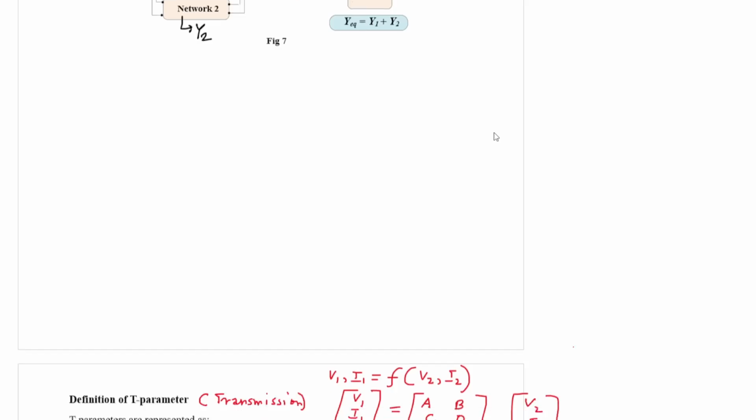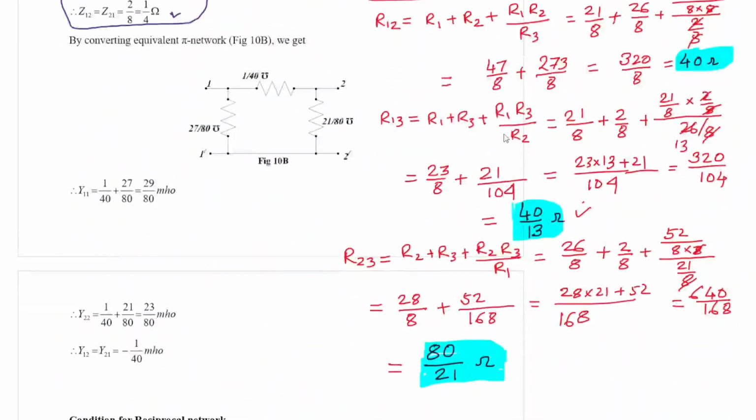So let us convert these resistances into admittance form. You see, this R12 is 40 ohm, so the same thing can be written as 1/40 mho.